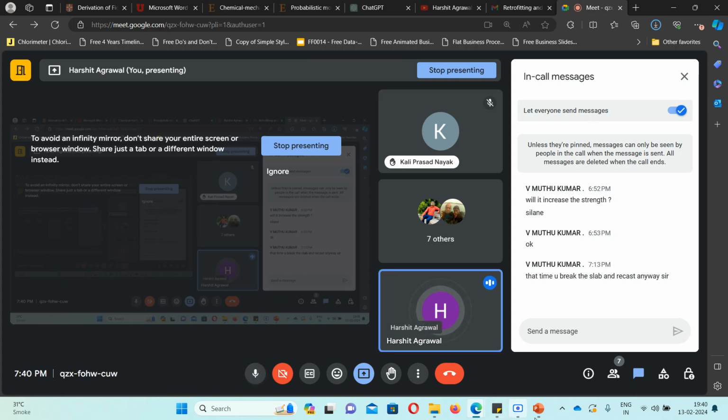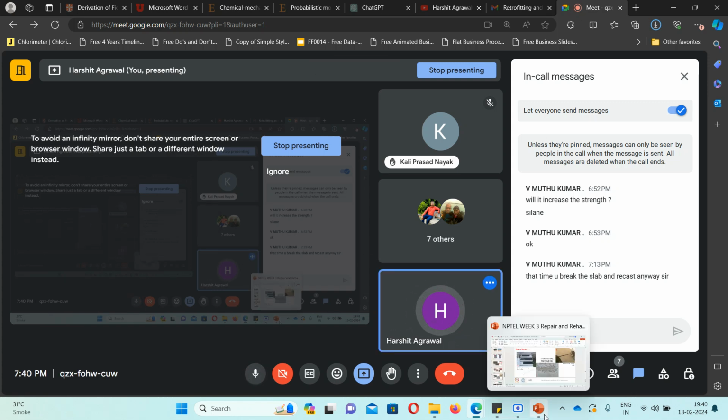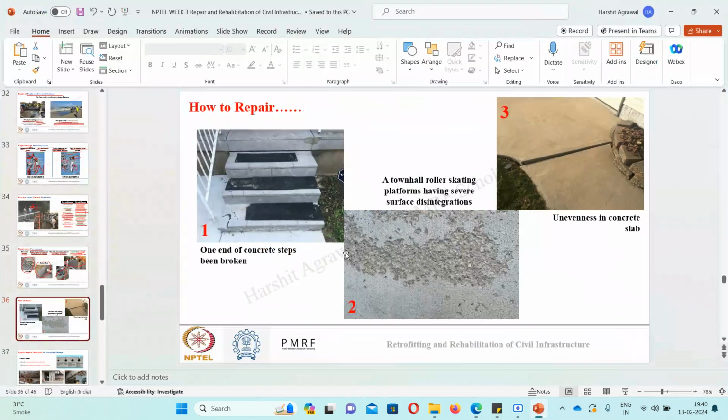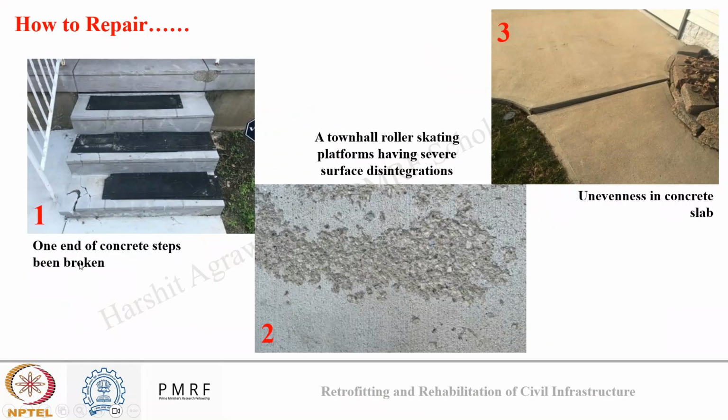Okay, let's see the solution now, since we need to discuss more topics also and time is less. In the first case, you can see there was cracking and almost falling of some concrete from the corner. So how can we correct this?